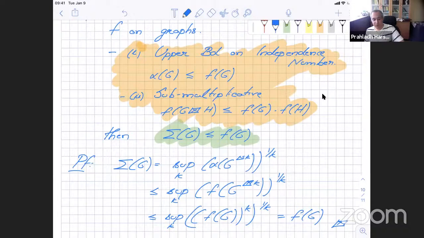What do we want to claim? We saw one of the bounds on the independence number already in the beginning. What was it? It was the clique cover number.